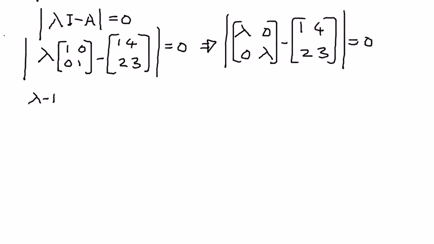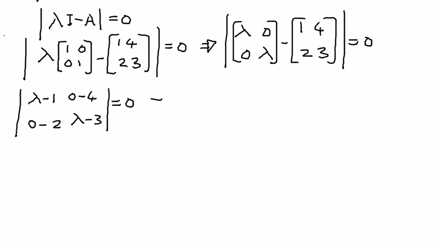Then we have 0 minus 4, then 0 minus 2, and then lambda minus 3. And we're going to let the determinant of this equal 0.